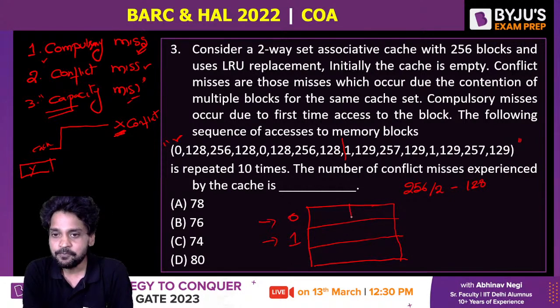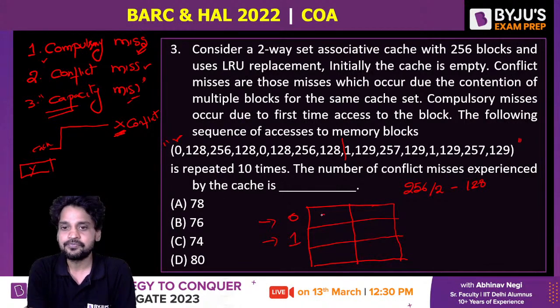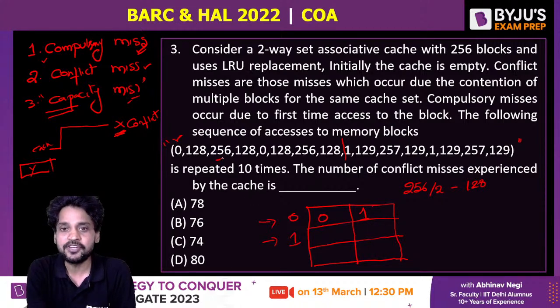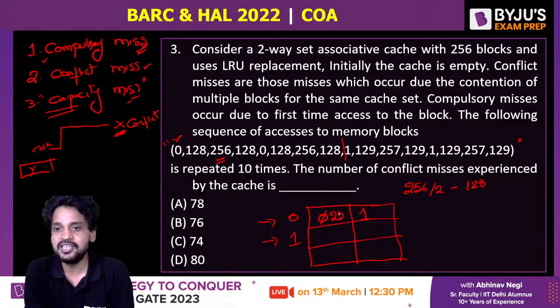Each and every set has 2 blocks. First one is 0. 0 is a compulsory miss. 1 is a compulsory miss, right? Right after which 256 is going to replace 0. This also is a compulsory miss. 0, 128 and 256 are compulsory misses.